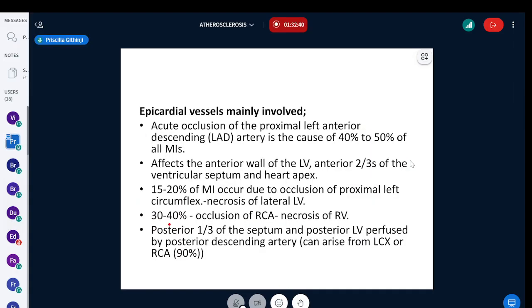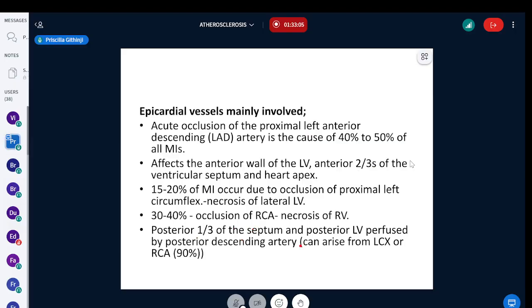Then 30 to 40% occur due to occlusion of the right coronary artery, and this, of course, will lead to necrosis of the right ventricle because the right coronary artery supplies the right ventricle. The anterior 2/3 of the septum is supplied by your proximal left anterior descending artery.